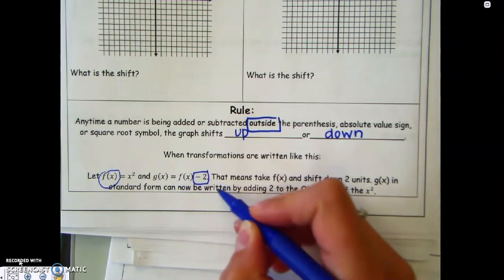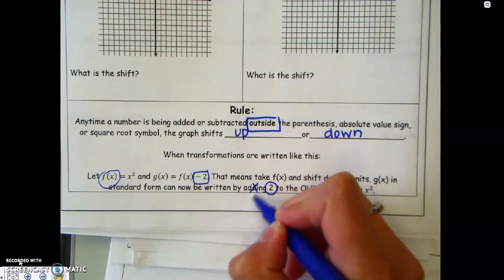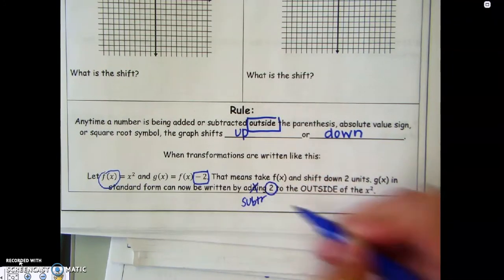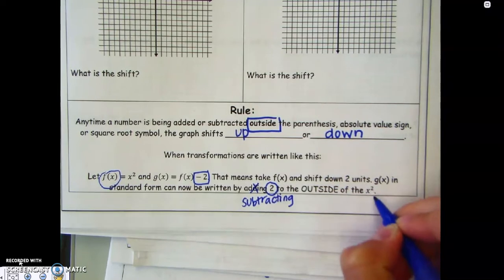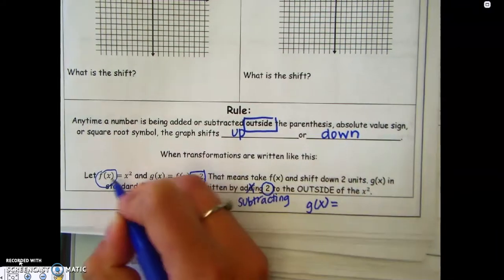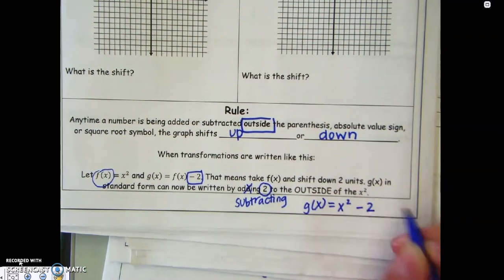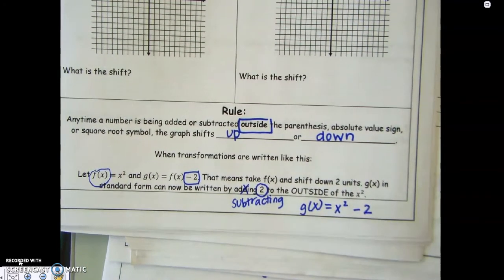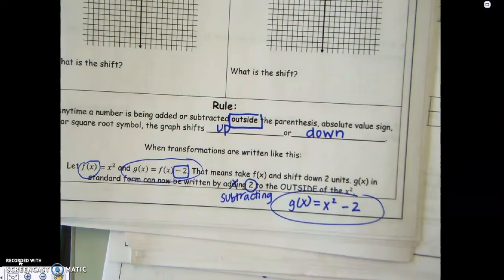G of x in standard form can now be written by subtracting 2 to the outside of x squared. So g of x will now be the original function, which was x squared, and then I want to shift it down 2, so I add it outside of the exponent. It's just outside and add it on to the end. So this is the same thing as shifting it down 2.